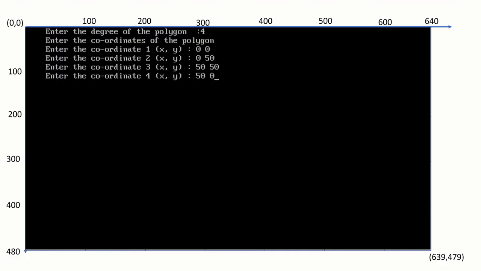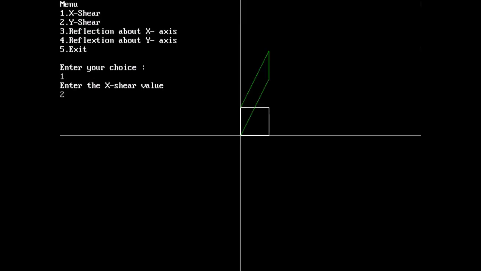This is the output. We are giving a 4-sided polygon as input, and if you give the choice as 1, that is x shear, the x value is maintained as it is and only the y value changes.